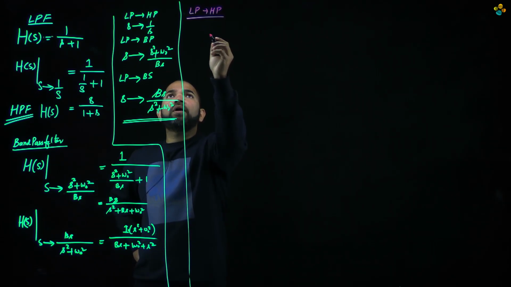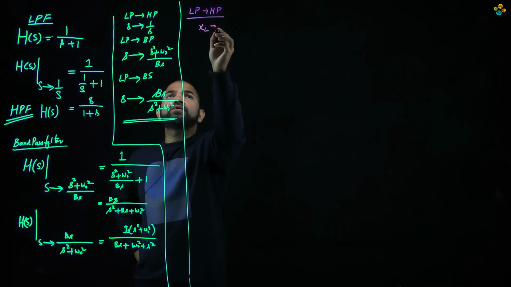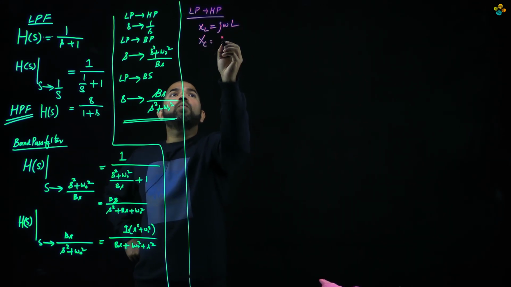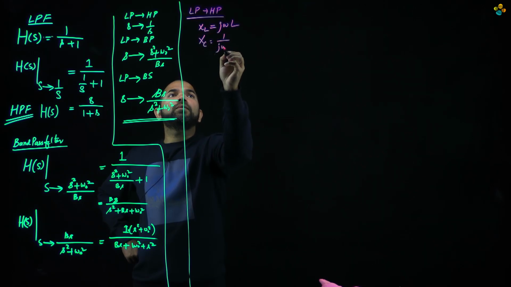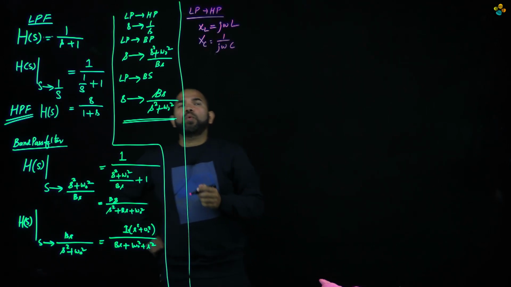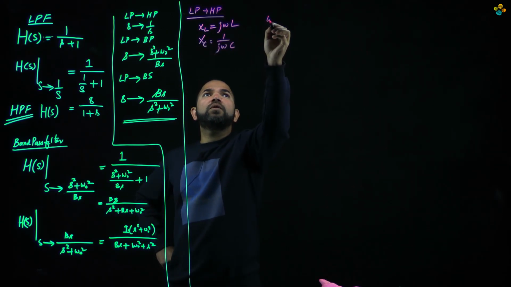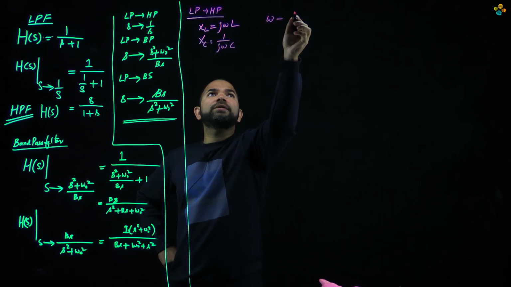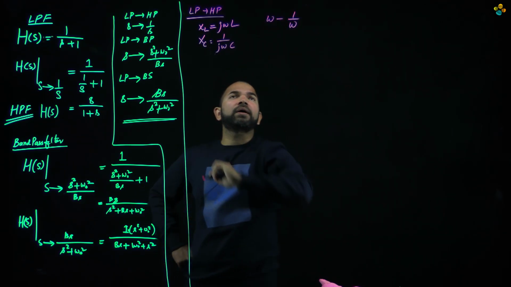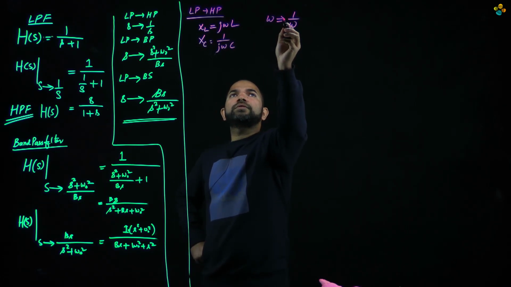You can also think of, say you have a reactive impedance which is j omega L and there is capacitive impedance 1 over j omega C. So what this transformation indicates is omega needs to be replaced with 1 over omega.